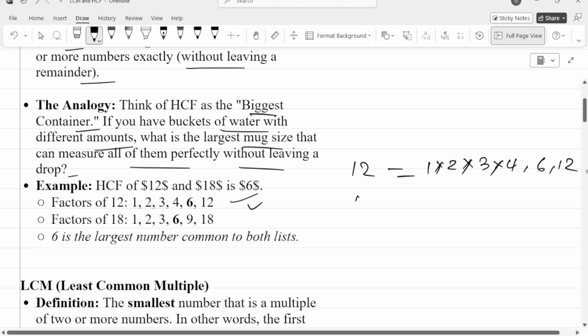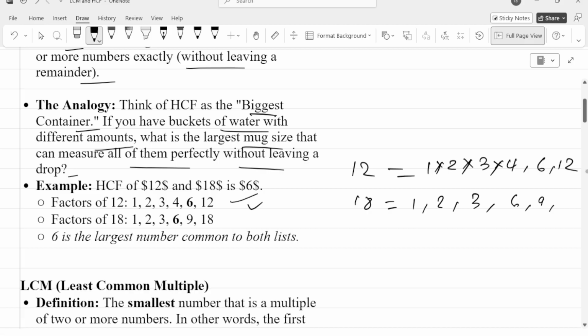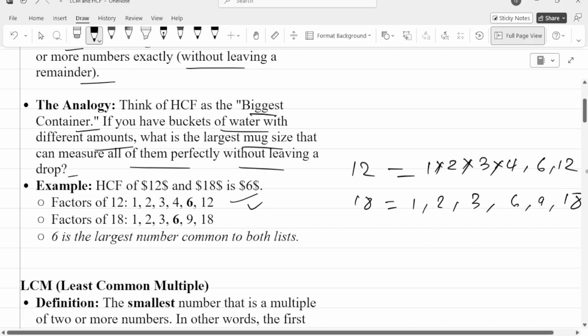And 18 has factors 1, 2, 3, 6, 9 and 18. When we divide, there is no remainder. Now we find the highest that is common in both.